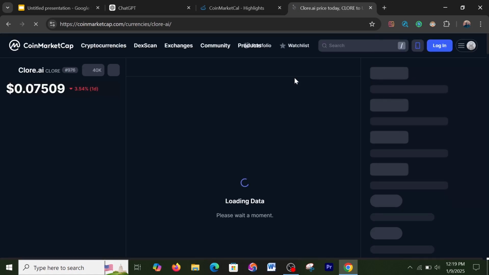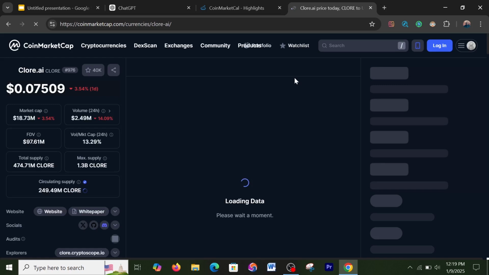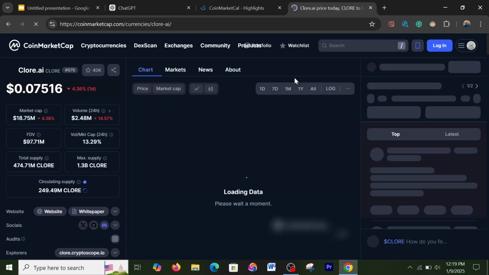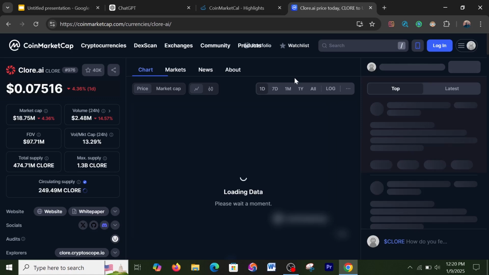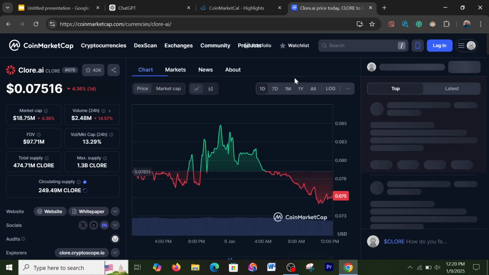So we're going to now check all of the metrics. First, the market cap is 18 million, which is okay. The volume is 2.48 million, which is very okay. Any token you want to get should have good volume. Then the total supply is 474.71 million. The max supply is 1.3 billion.